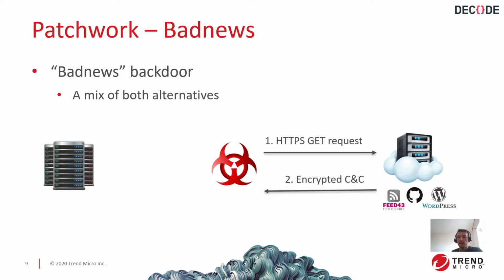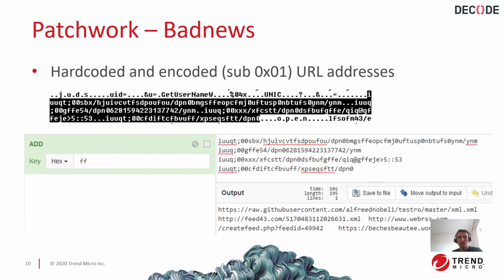Then this service responds with an encrypted CNC configuration. This configuration gets decrypted, the malware gets the real CNC server, and then it can connect to it. So this is what we find when analyzing the malicious binaries.